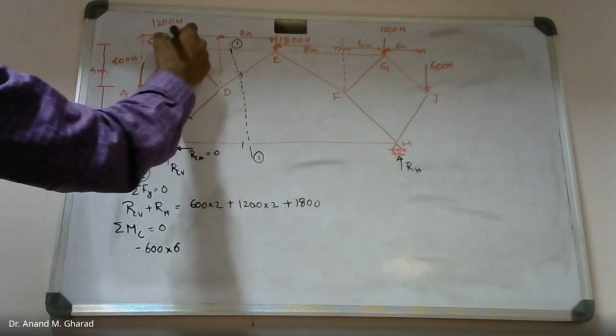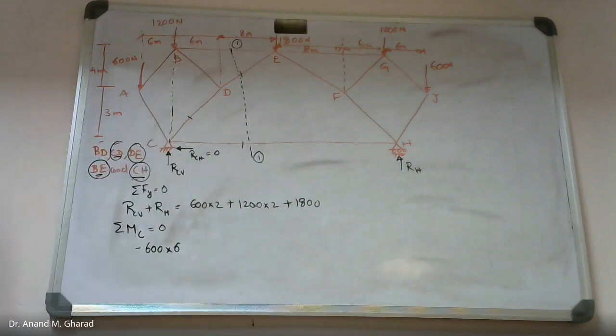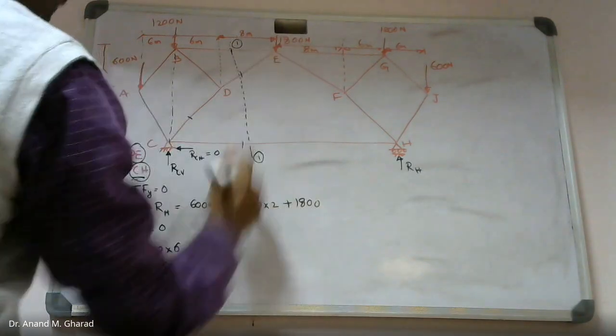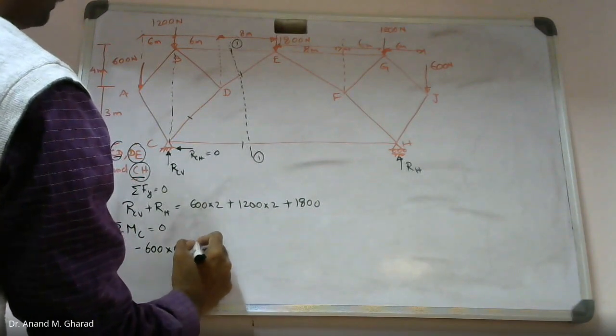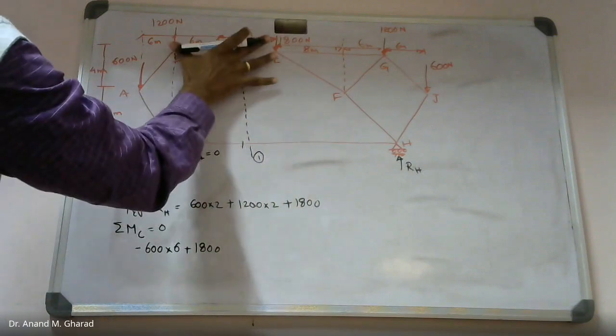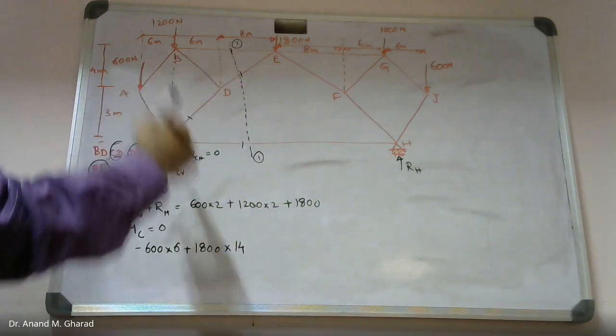Then this 1200 Newton is passing through this, so no question of this force. Another force will be 1800 into this much distance, that is 14. And this will rotate in the clockwise direction.